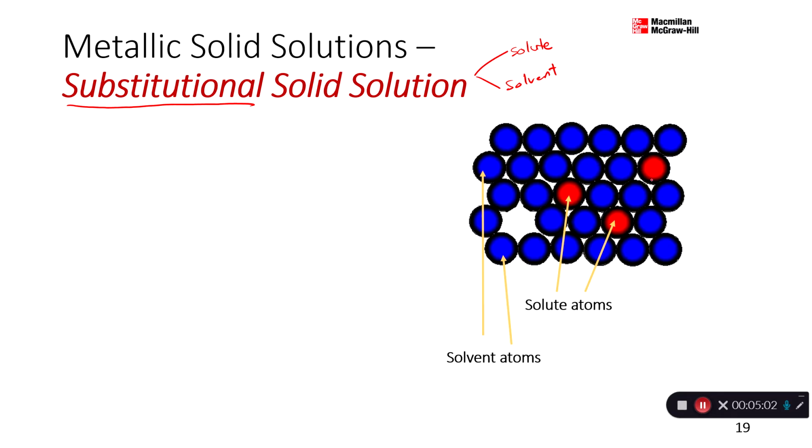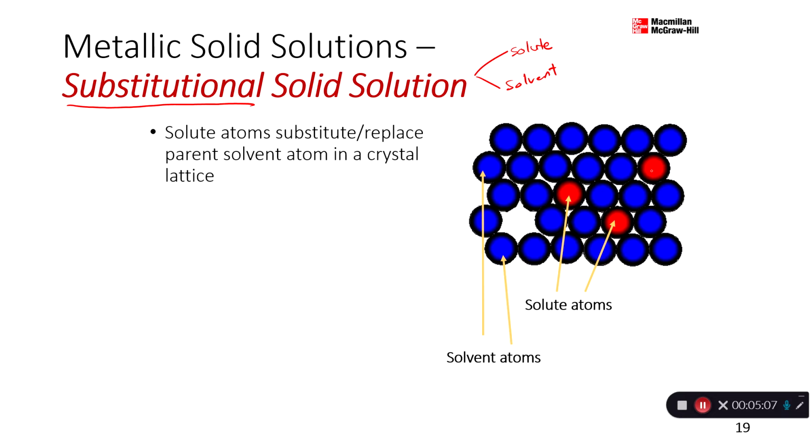There are only 3 solutes here, and more solvent. So solute atoms substitute or replace the parent solvent atoms in a crystal lattice. Remember, it's of the atoms. So the solute will substitute the parent atom. Parent meaning the solvent, the main one. Alright, so what's happening here?